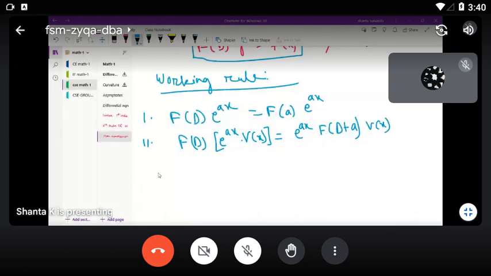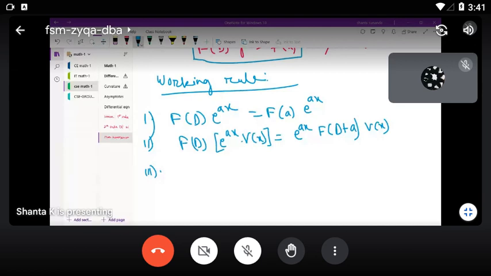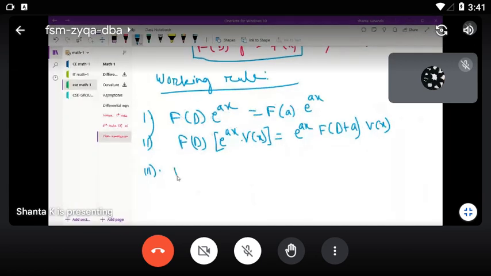Now the third rule is for sine and cosine. If you have D squared, we can use it; otherwise you have to do it in a normal way.